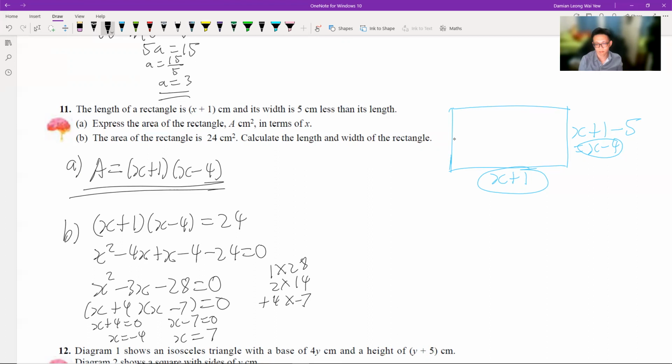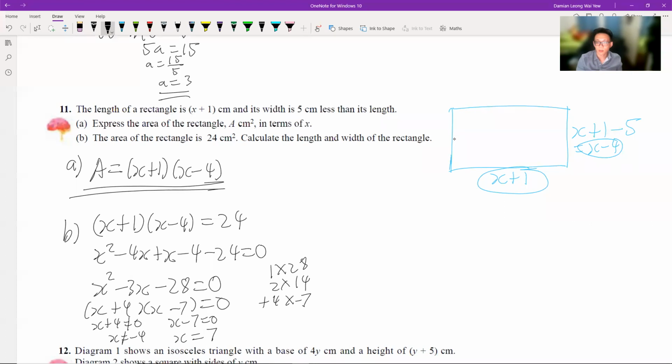Now, are both answers possible? Okay. So in a lot of cases, this kind of question, not both x values will be acceptable. In this case, x equals to negative 4 is not possible.